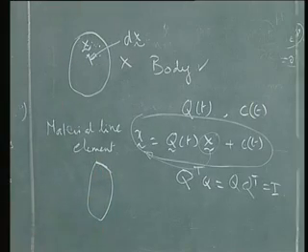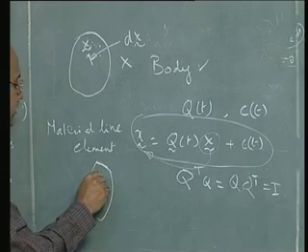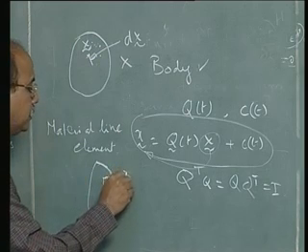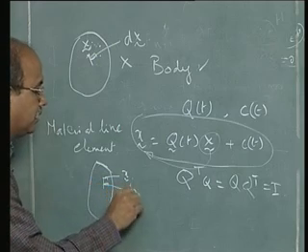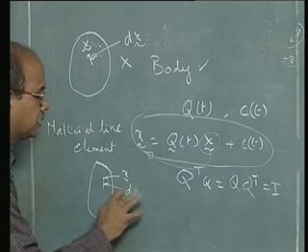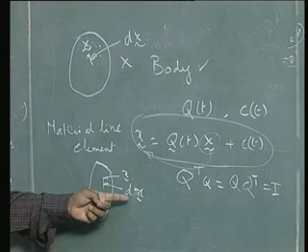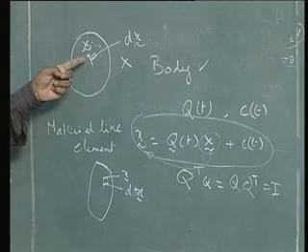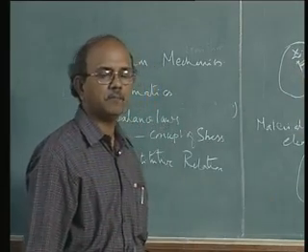I'll just remove that t for a minute. At a particular time, that point becomes small x and the material line element becomes d capital X, d small x. Now you are curious to know what the relationship is between this material line element, its length and so on, and this material line element.